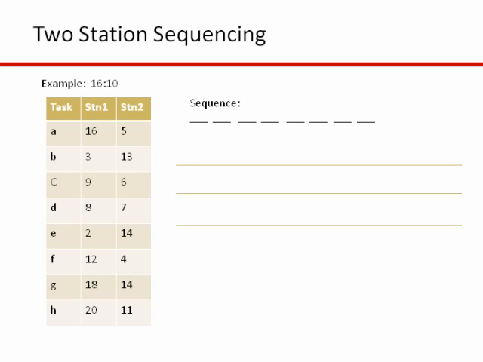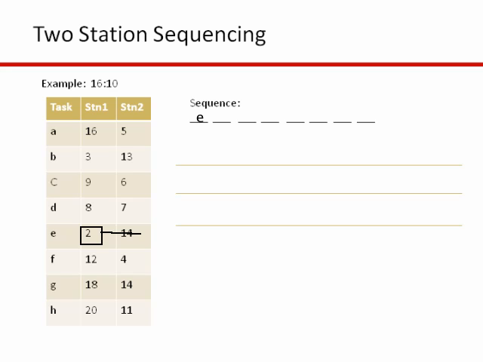If you look here, you can see that the minimum time here is this 2. E has a time of 2, that's the lowest time. And so we're going to sequence E to the left because it's on the first station. And once we sequence it, we're going to eliminate it from further consideration.